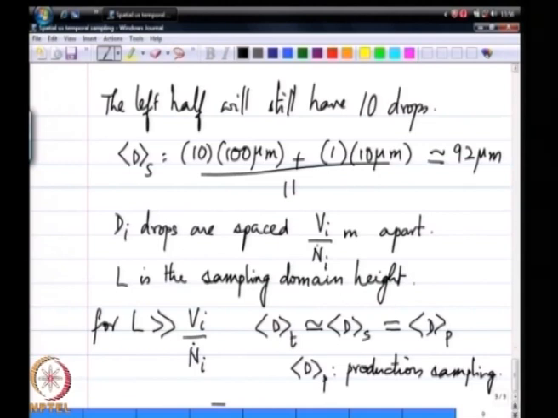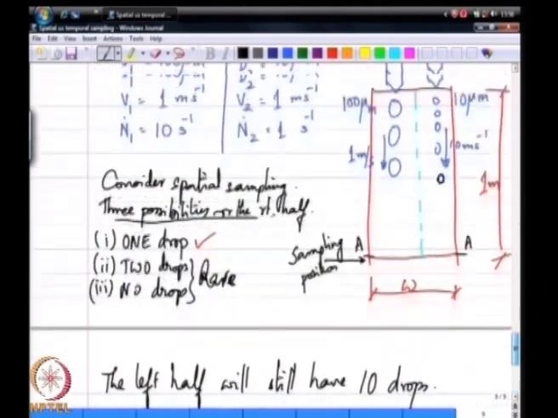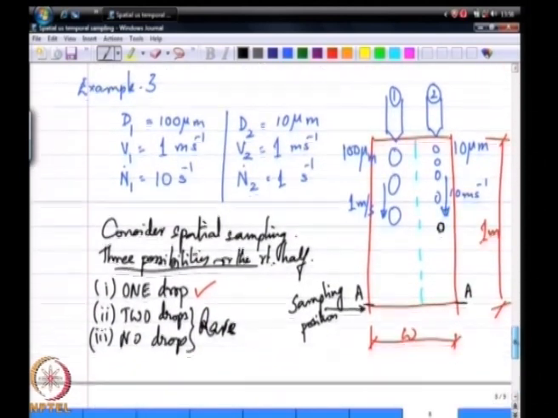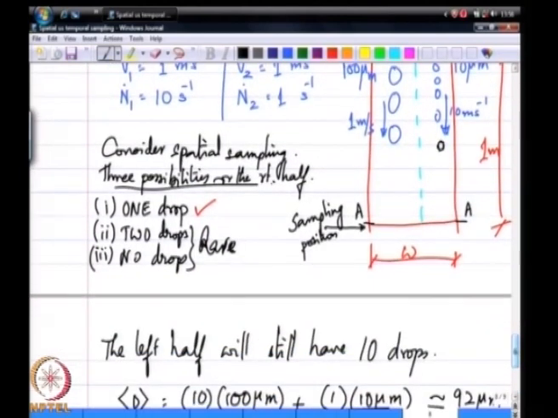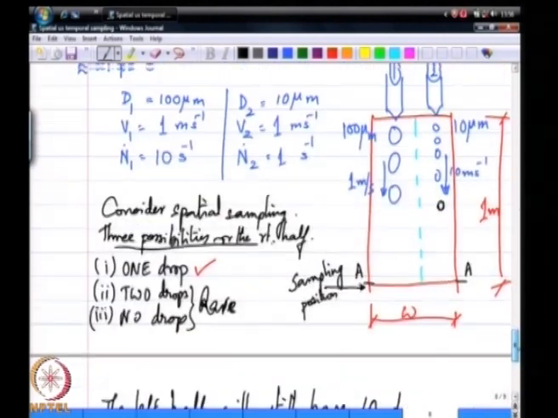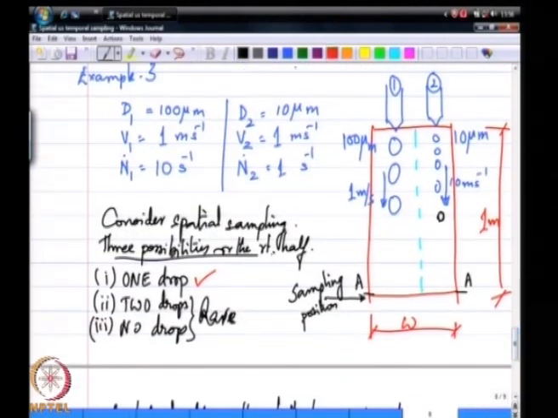I can now come back and quantify this effect of the size of the domain. So, let us say instead of 1 meter, if I went up to 10 meters, same exact system, what are the possibilities that I have here?